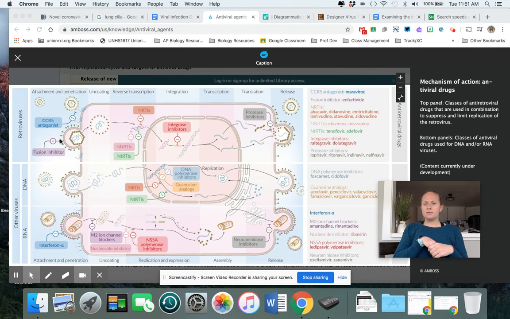These are targeted responses that enable your cells to not let the virus in, or prevent it from replicating, or prevent it from building proteins and assembling itself correctly. There are a lot of different targets that drugs take. They're called antiviral drugs, and they're very specific to that type of virus and to the specific step that they're trying to inhibit.